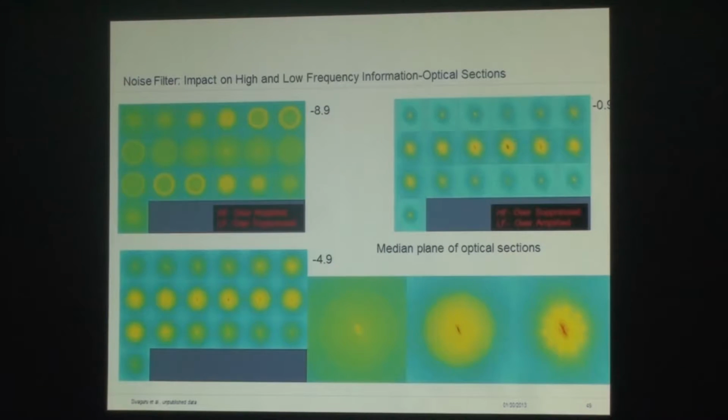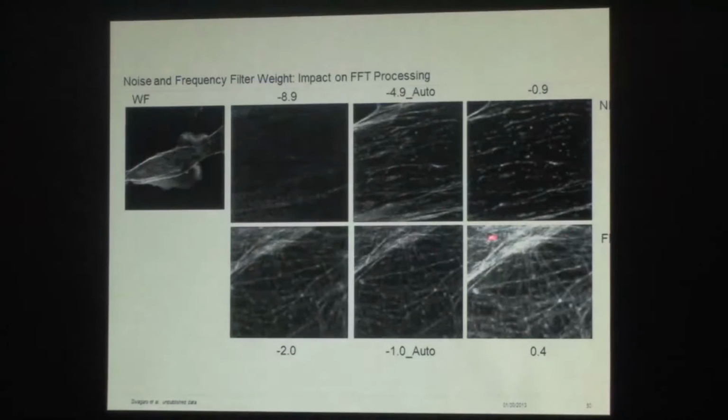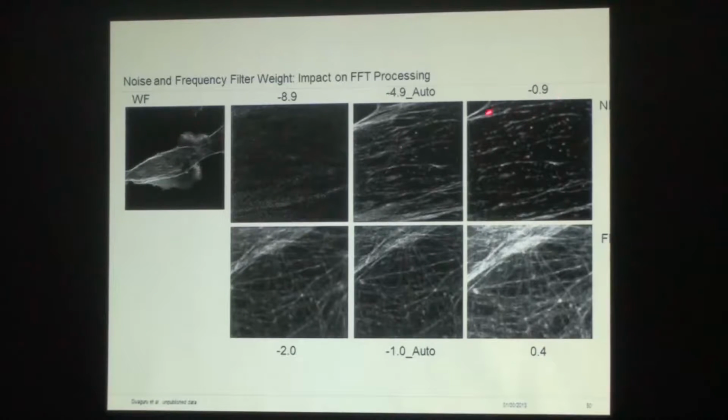And how it affects the image, when you look at this image with the same 0.9, and this is with the auto 4.9, you have an optimal emphasis of low and high frequencies. But with the -8.9, as you saw, only the high frequency information is left and amplified, when there is no low frequency information.